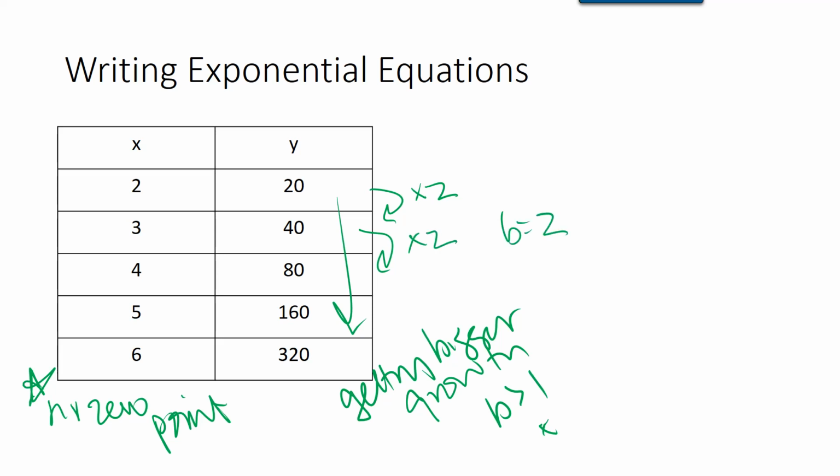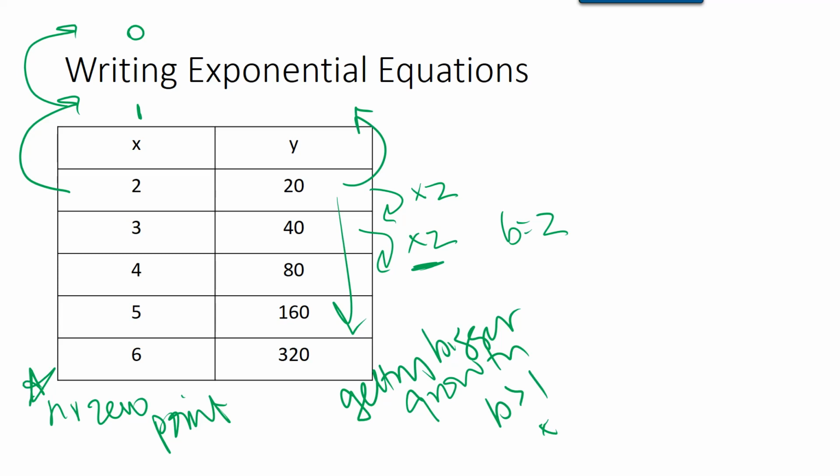Now, to find our 0 point, we have to add some stuff to our table here. We're starting at 2, and we have to jump up to 0. So we have to do 2 more values above the table. Okay, well, I want you to think about this. If I'm going down the table, and we said we're multiplying by 2, to go up the table, I have to do the opposite.